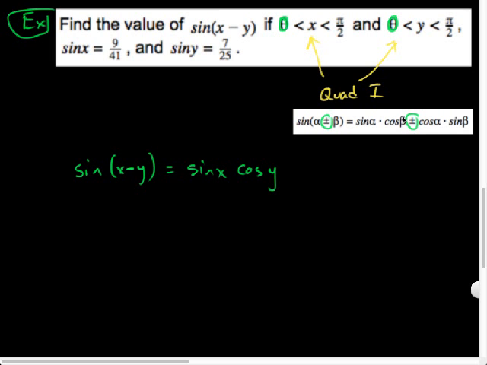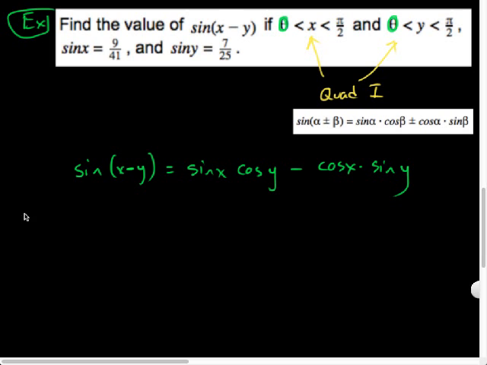How do you know which formula to use? Well, this one said sine, so that's why I'm picking sine. And then alpha plus beta, so that's why I'm using the plus sign. If it matches the top, it matches the top. If it matches the bottom, it matches the bottom, for those signs there. So I want minus in this case, so then this would be cos x times sine y.